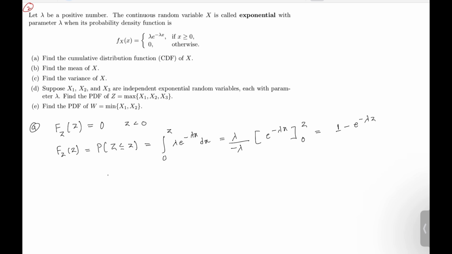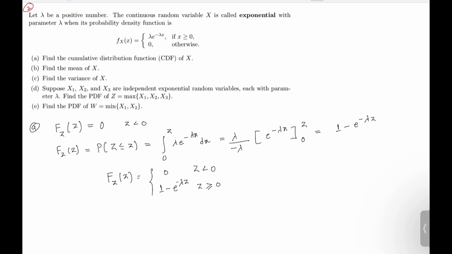So overall you can write the CDF, that would be 0 when z is less than 0, and it is 1 minus e to the power minus lambda z when z is greater than or equal to 0, right? So we have this part 1.